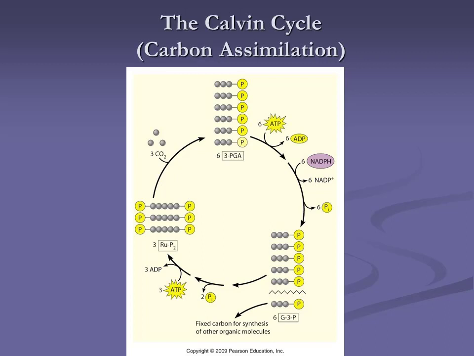With the phosphates and the electrons, we're going to end up with 6, what is the G? I want to say glyceraldehyde 3-phosphate, but I know it's not. These 6 3-carbon molecules are going to go on then to be used to build up our starches.